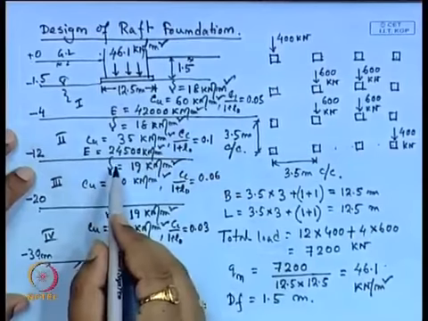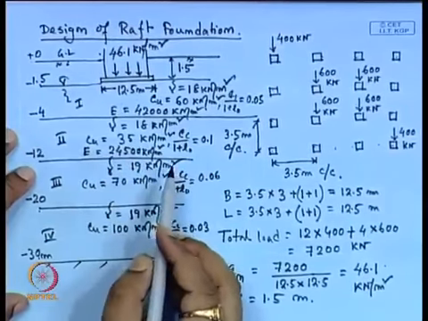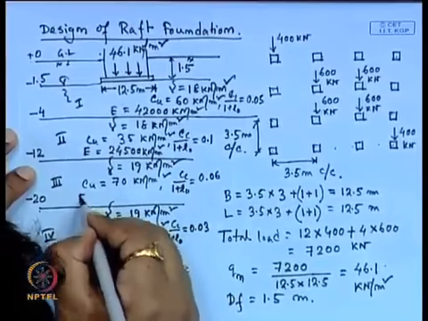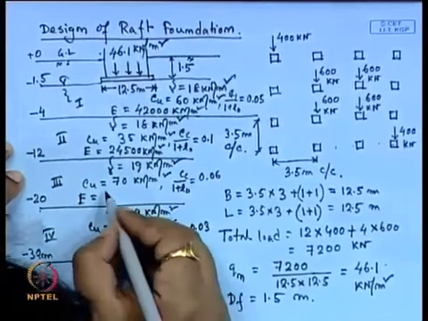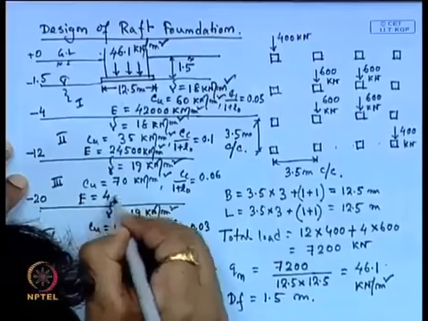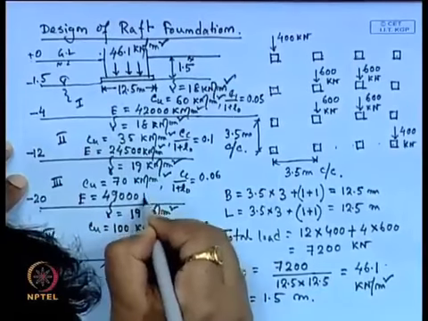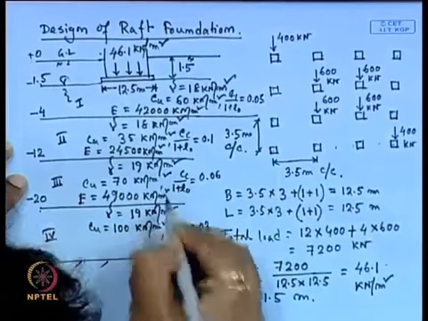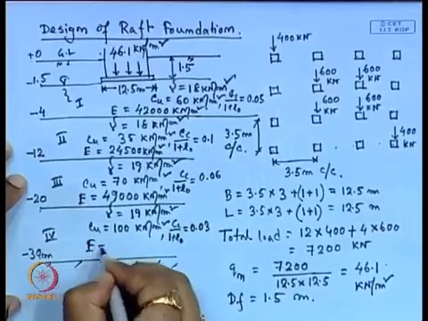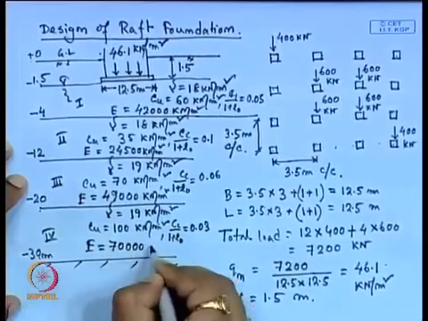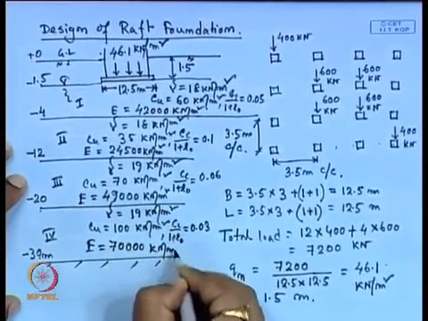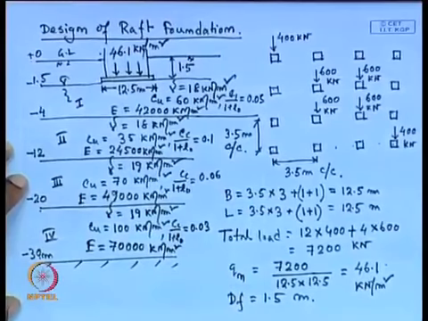The E value, that means the elastic modulus of the soil, for the third layer is 49,000 kilonewton per meter square, and for the fourth layer is 70,000 kilonewton per meter square.